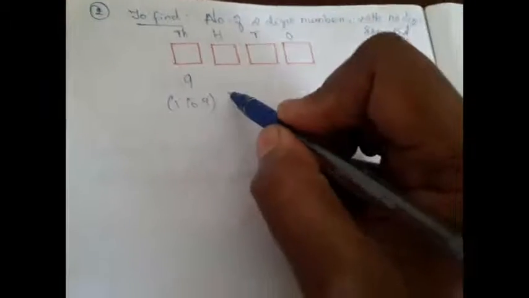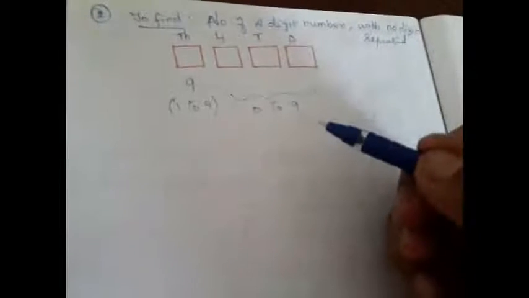In the hundreds, tens and ones places we have 0 to 9, and we can fix any one digit, leaving the digit which is fixed in the 1000th place. Why should we leave that? Because no digit is repeated.